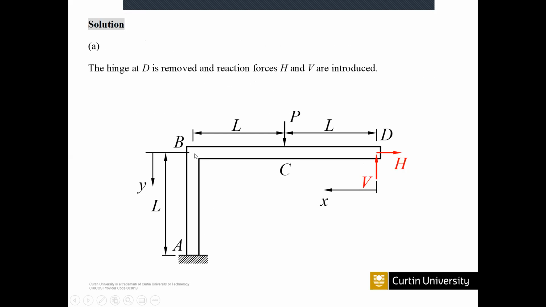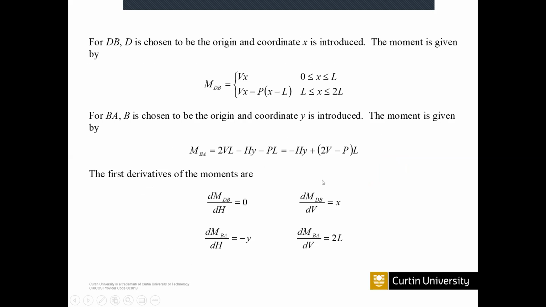Due to this one it is positive, so it will be Vx. And due to this point, the bending moment will be minus, this length will be L, so x minus L.